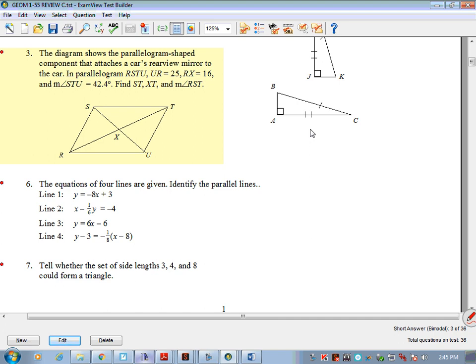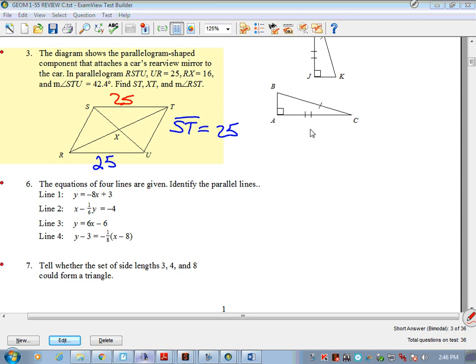So whenever we put in our labels and they tell me that UR is 25, I'm going to state that segment ST equals 25 because, and listen to me closely, if you see this question on a test, I would write next to this, because opposite sides of a parallelogram are congruent. Okay, so I know that this is 25. The other thing that we know about parallelograms is that the diagonals bisect each other.